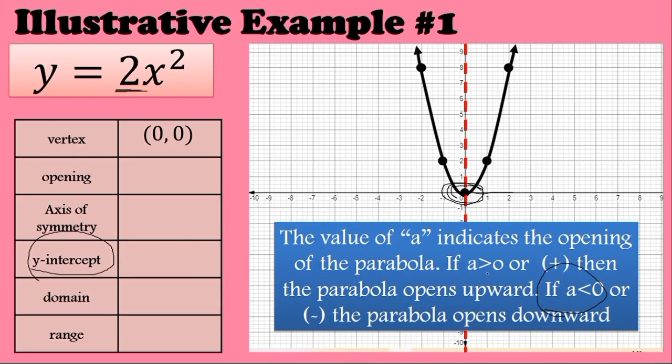If a is greater than 0 or positive, then the parabola opens upward. Since the value of a here is positive, the opening of the parabola is upward. But if your a is negative, the parabola opens downward. Take note of these reminders or pointers.